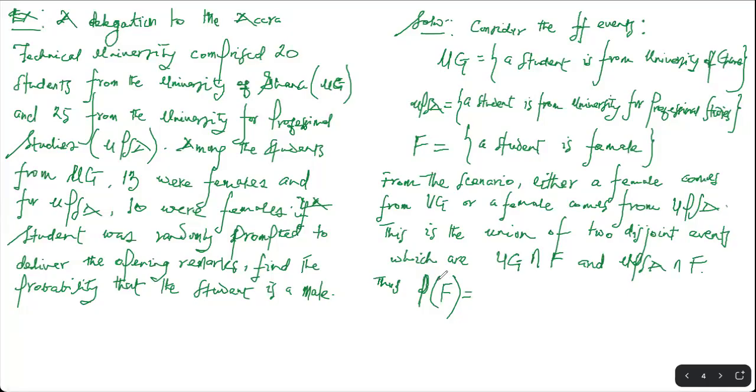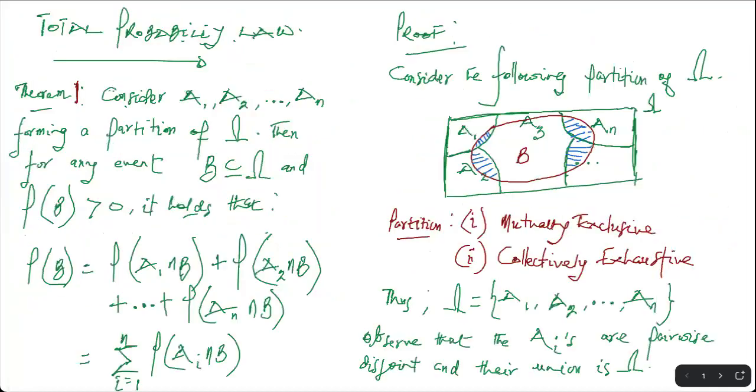So let's just go back to the diagram just so that we can draw the analogy here. So the A1 here, we have a partition, A1 and then A2. A1 here would be UG, and then A2 is UPSA. So this whole sample space, the omega, will just be a delegation coming from A1 and A2, right?